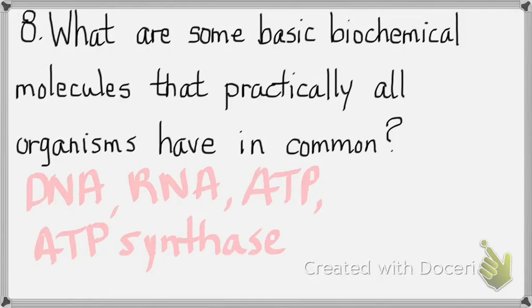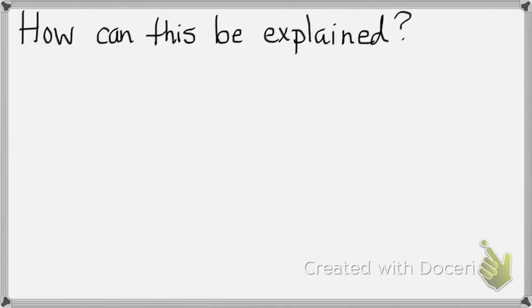You guys know that all cells use the same genetic code, which was this. Okay, so there's just lots and lots of chemical similarities between cells. How come?